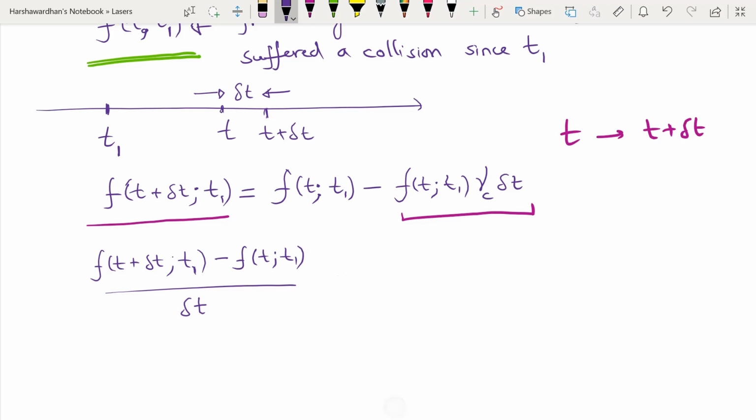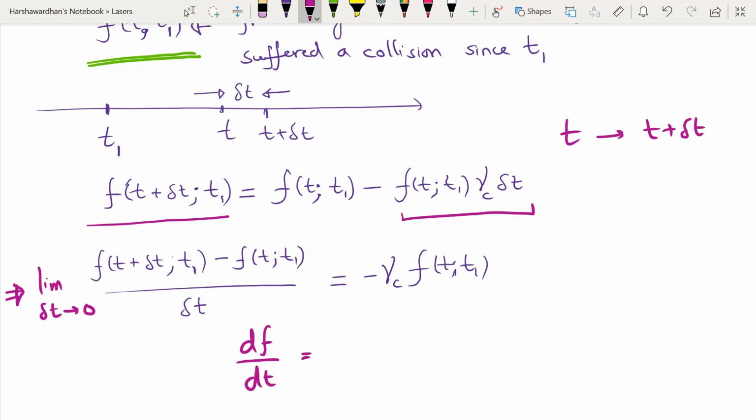So this top equation, as I said, can be rewritten in the following form, which is minus gamma c times f of t, t1. If I take the limit of delta t tending to 0, I will clearly get the following equation of motion for the fraction of atoms which have not suffered collision: df over dt is simply minus gamma c times f.